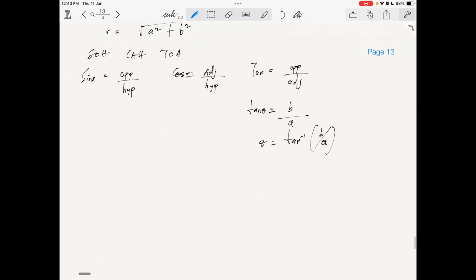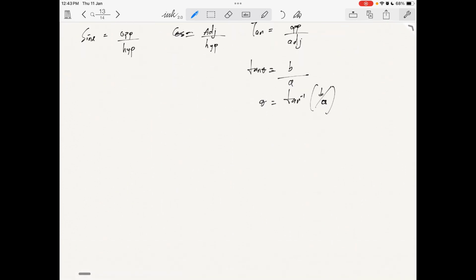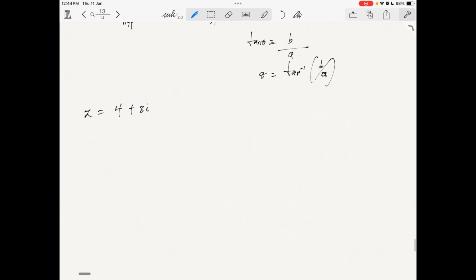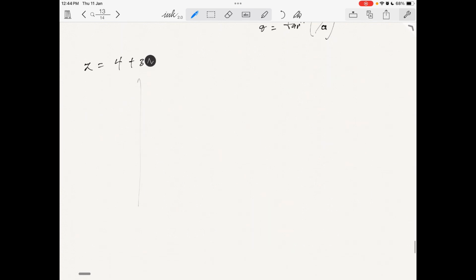So with this, we can quickly pick an example on converting Cartesian form to polar form. Let's emphasize that before we go into the theorems or principles. Let's take for instance we're given z is equal to 4 plus 3i. The first thing to do is to sketch it on an Argand diagram. Sketching it on an Argand diagram, this will be 4 and this will be 3.